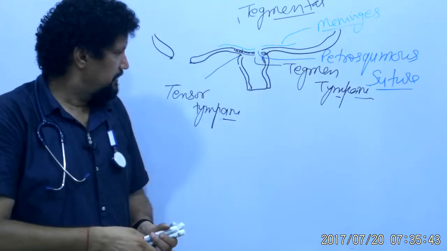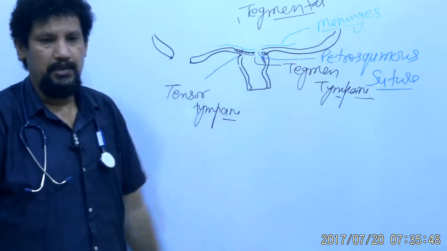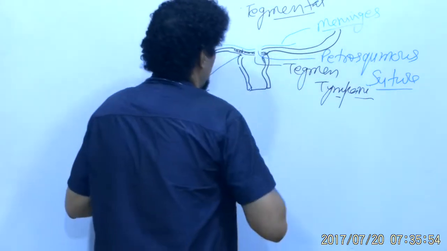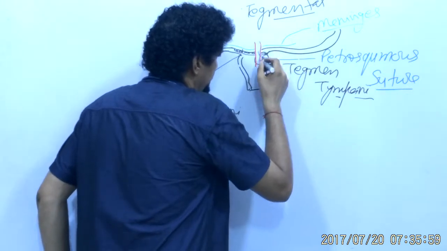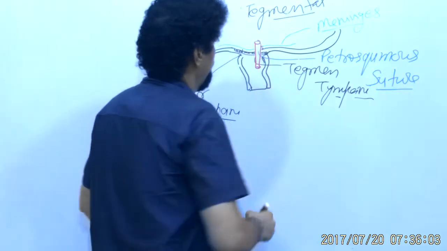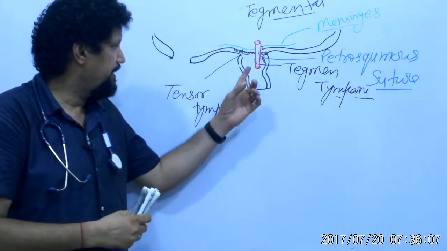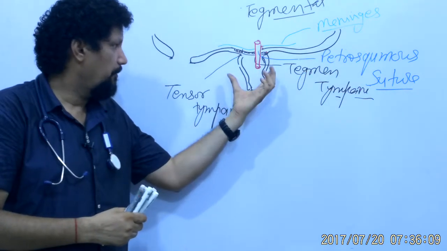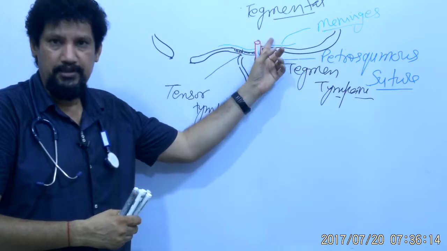But when this suture is ossified, there will be a small opening in this plate, and this will accommodate a vein. This vein will drain the blood from the middle ear cavity to the superior petrosal sinus.